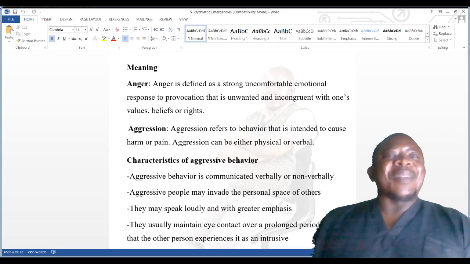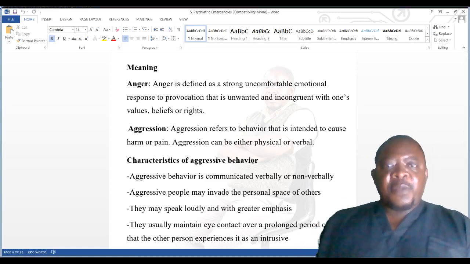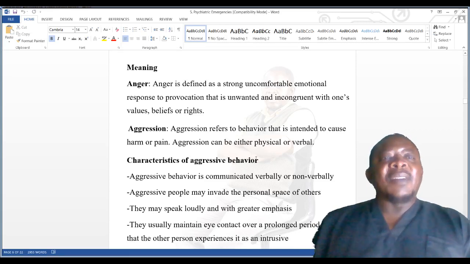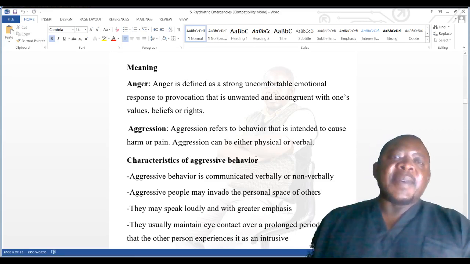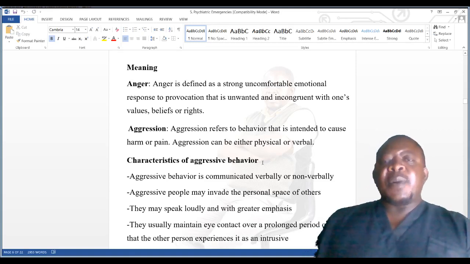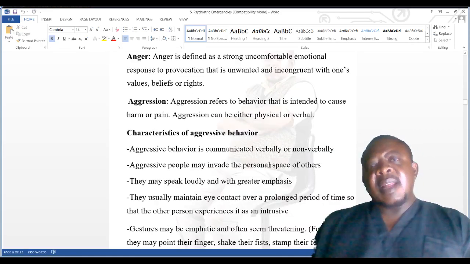So anger is different from aggression. Aggression, on the other hand, refers to behavior that is intended to cause harm or pain. So aggression can either be physical or verbal. Physical, where you're fighting someone; verbal, in terms of the vulgar language that one is using.